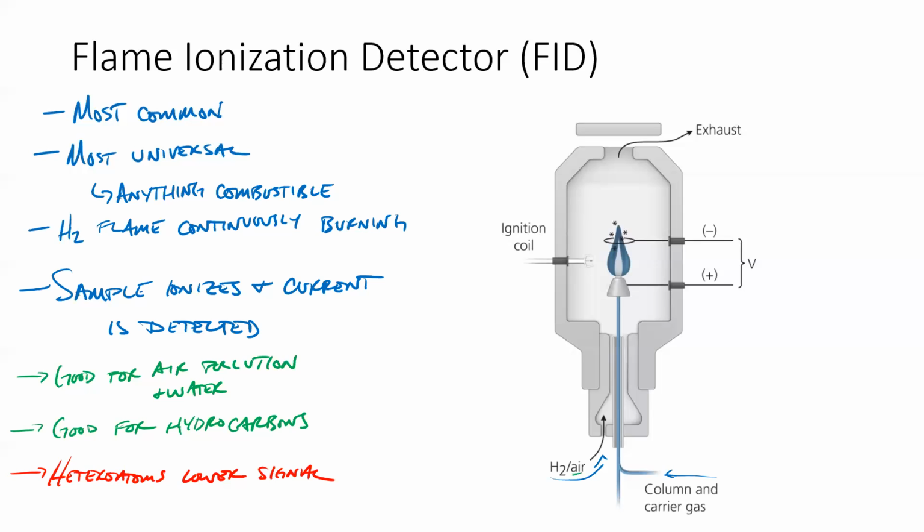And so you make enough hydrogen to run your FID, but you don't have an excess of hydrogen sort of just hanging out in the lab, right? So that's one of the ways that you get around having the danger of hydrogen around. Okay.